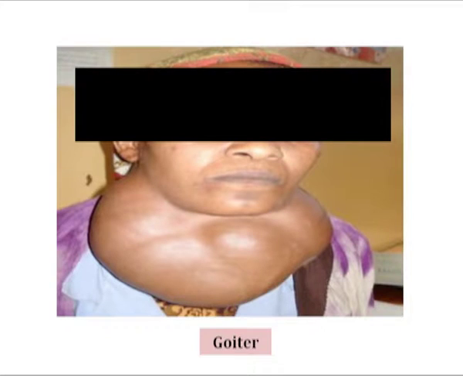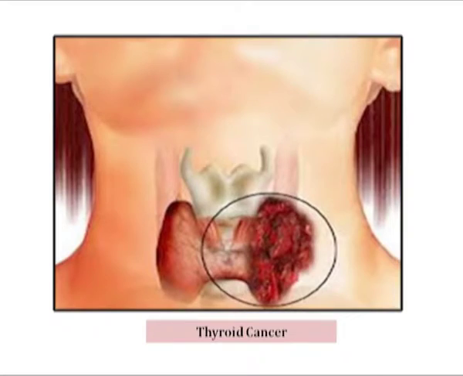Goiter is also caused due to thyroid imbalance, and its symptoms are enlarged thyroid, including a swollen, tender or tight feeling in the neck or throat, hoarseness or coughing, and difficulty in swallowing or breathing. Thyroid cancer in its early stages is asymptomatic.